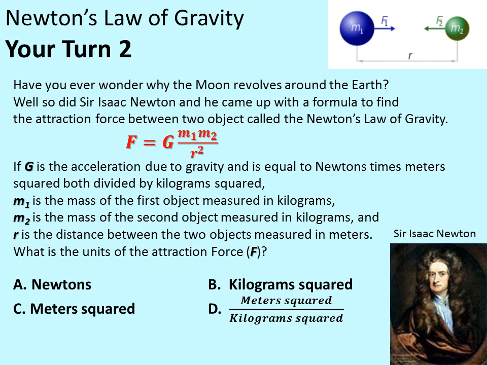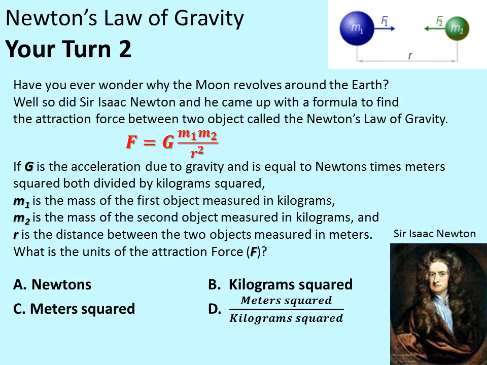Okay? Now, you're going to do this on your own, but I'm going to read it to you. G is the acceleration due to gravity, and is equal to newtons times meters squared, both divided by kilograms squared. Now, let me tell you about newtons.